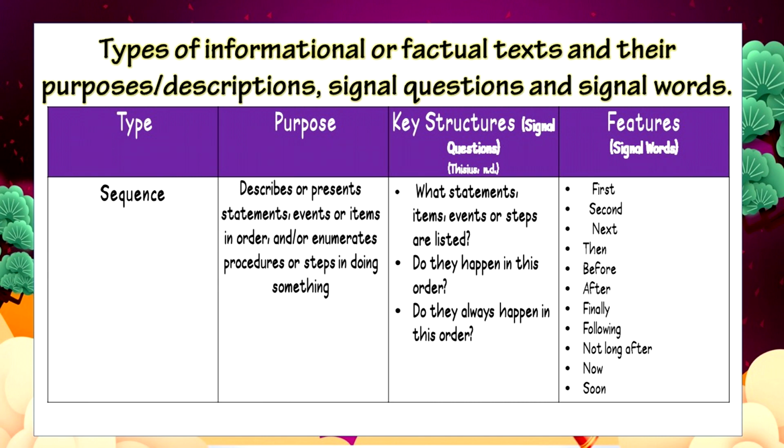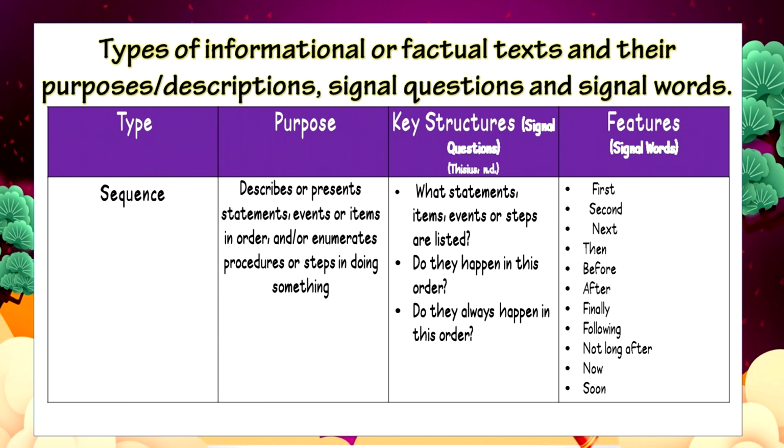So the first type is sequence. The purpose is to describe or present statements, events, or items in order and or enumerates procedures or steps in doing something. The key structures or signal questions are: what statements, items, events, or steps are listed? Do they happen in this order?